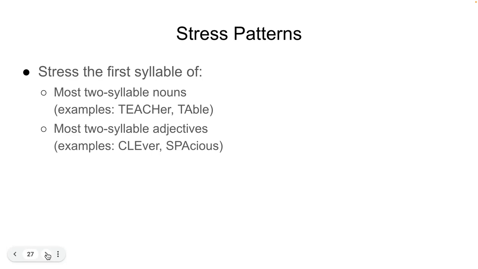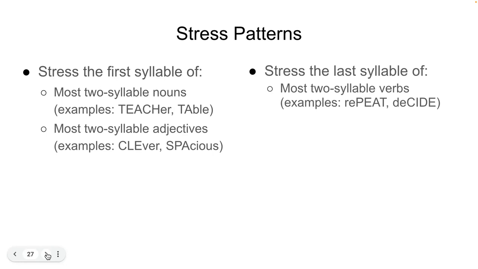Clever, spacious, happy. But for two-syllable verbs, we tend to put the stress on the second syllable. Repeat, decide. Teaching the students these stress patterns can help them in identifying which syllable is going to be stressed.